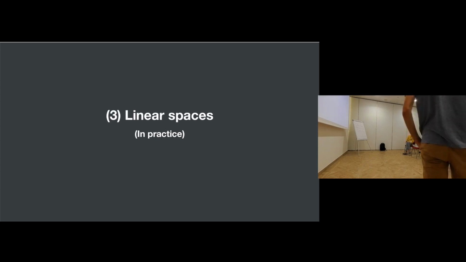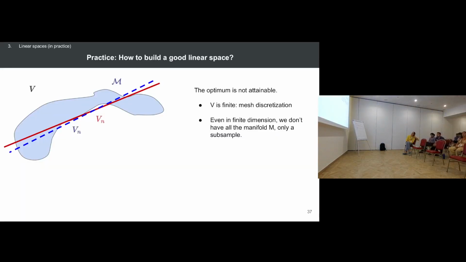Okay, so now we have seen a bit of the theory behind, and now we want to go to the practice of how to build these linear spaces with different strategies. As we said, the optimum is not attainable because we cannot find the optimal linear space. Also, V is finite, since we have a discretization.